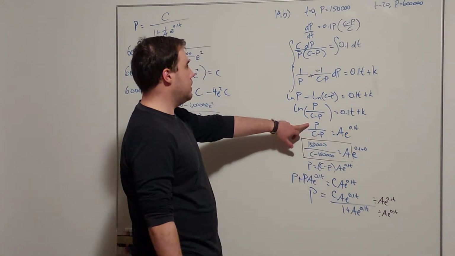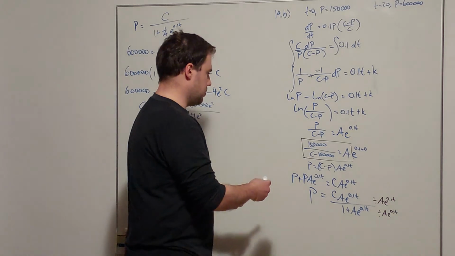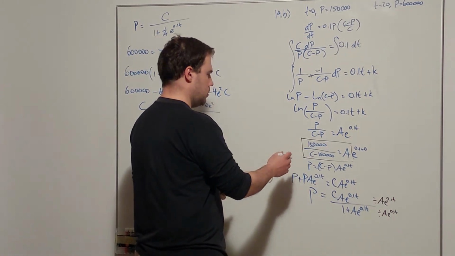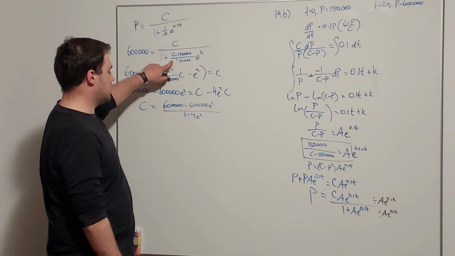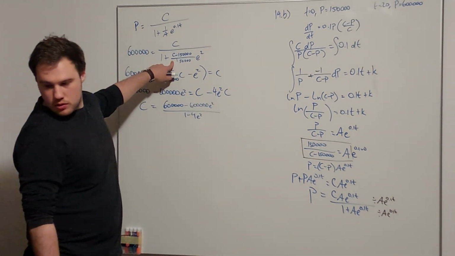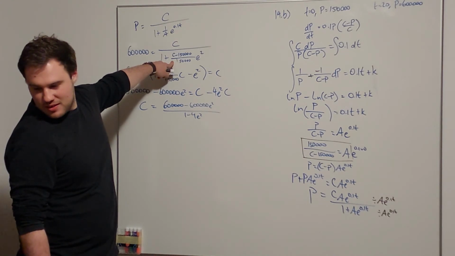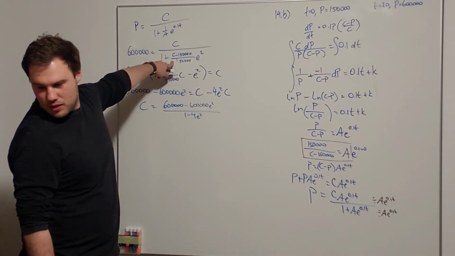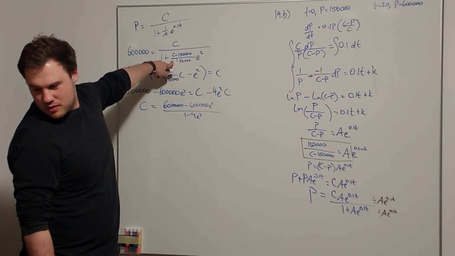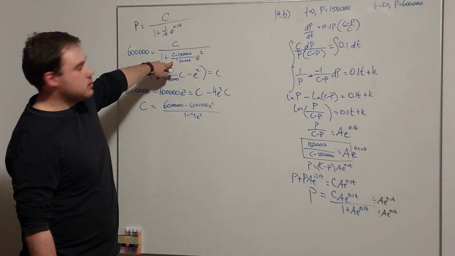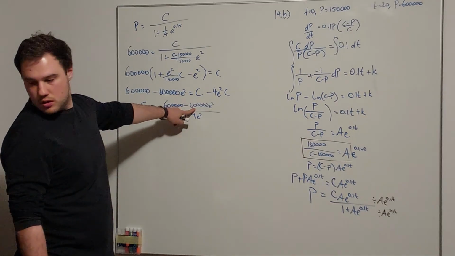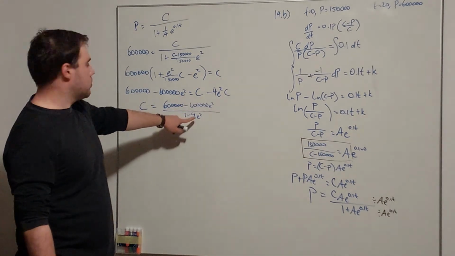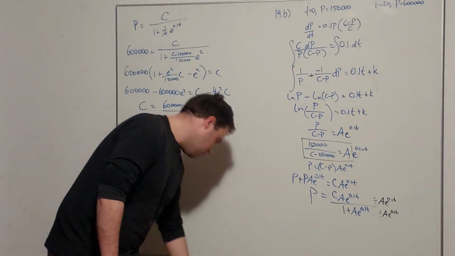Okay, here's P, that. So this bit here means 1 on A is the reciprocal of that. What a scuffed video. 600,000, 1 minus e squared. Can I just not use a calculator, right?